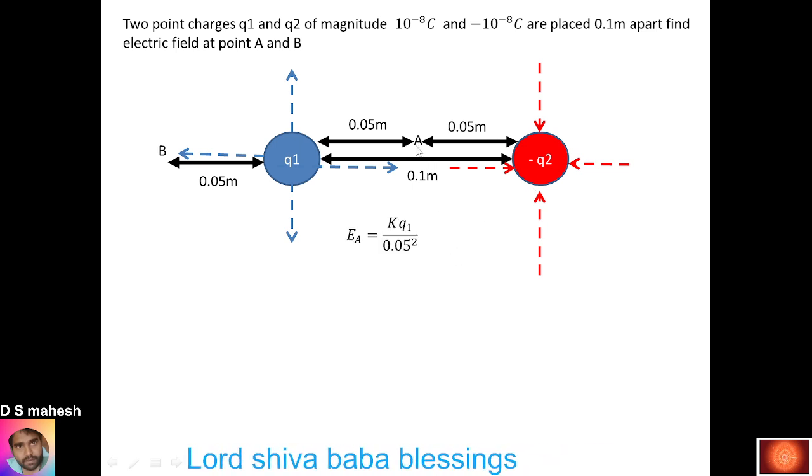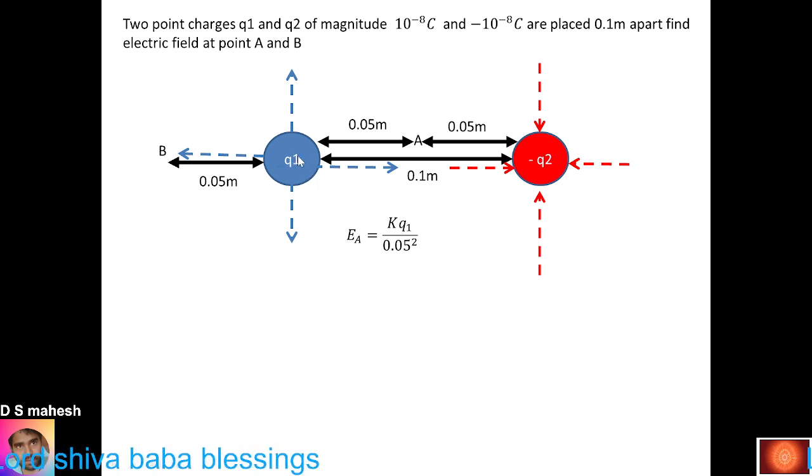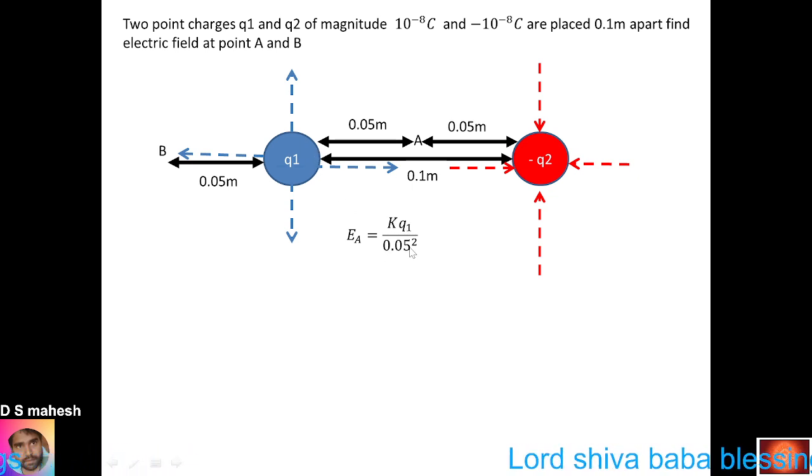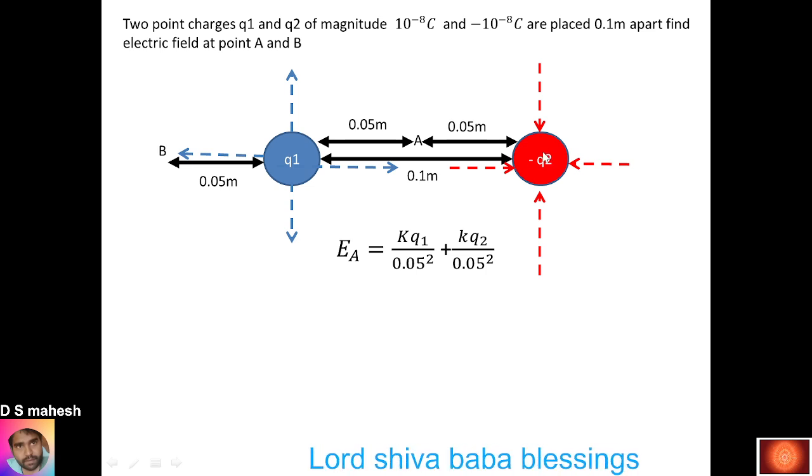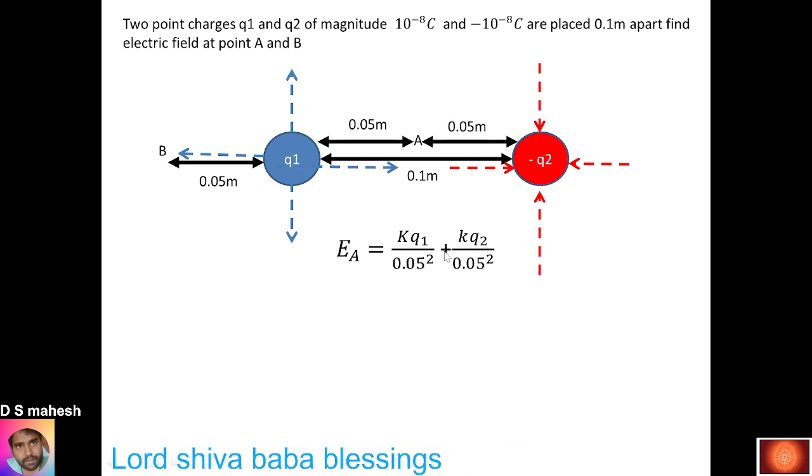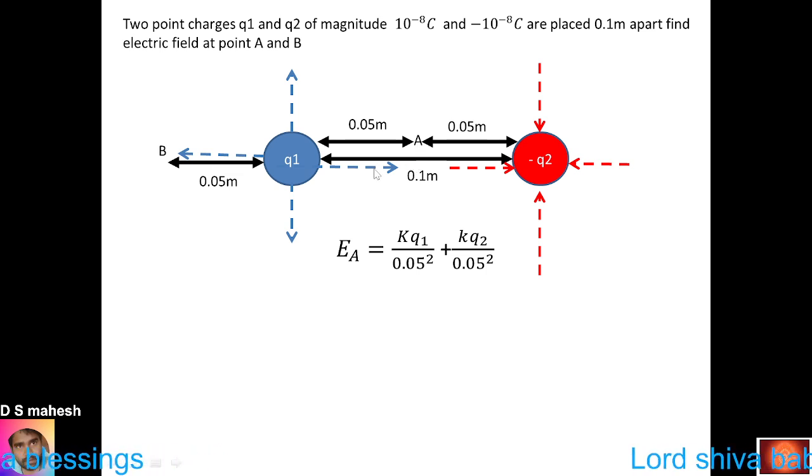Now let us find the electric field at point A. So it is nothing but K into the charge which is producing, that is Q1, divided by the distance, that is 0.05 square. Next, the electric field due to Q2 is plus K into Q2 divided by 0.05 square. Now you observe here, the positive sign indicates what? At point A, the direction of this is towards the right.